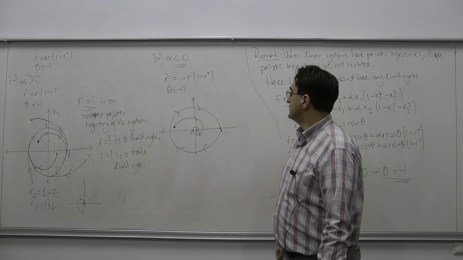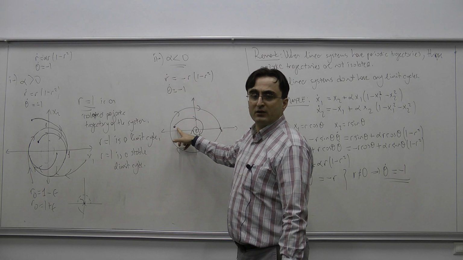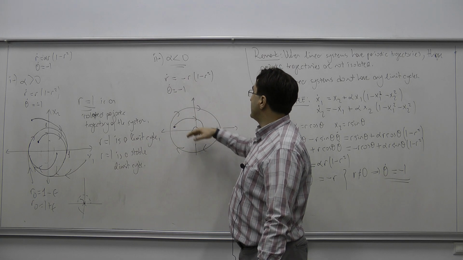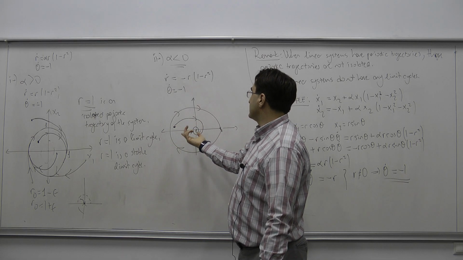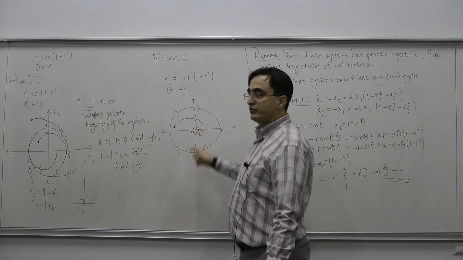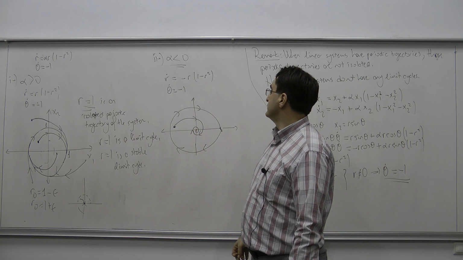Because r dot is always going to be negative inside the limit cycle, r is going to get smaller and smaller, and we're going to have a convergence to the equilibrium point, which is at the origin.